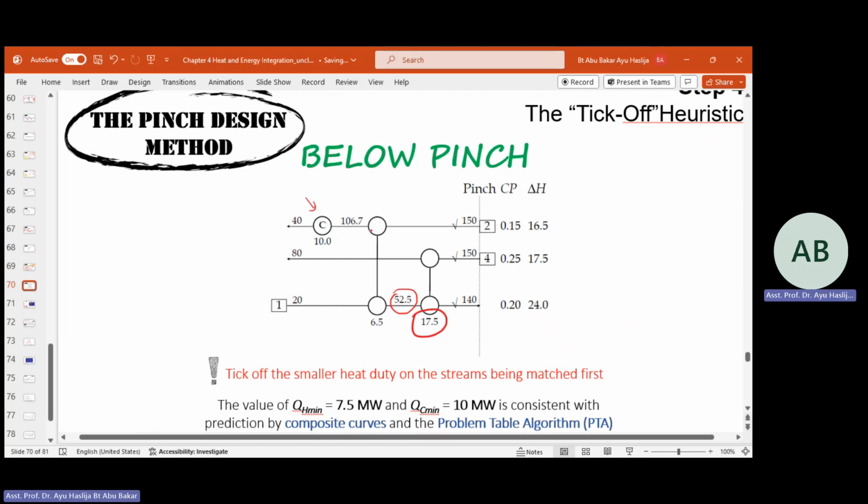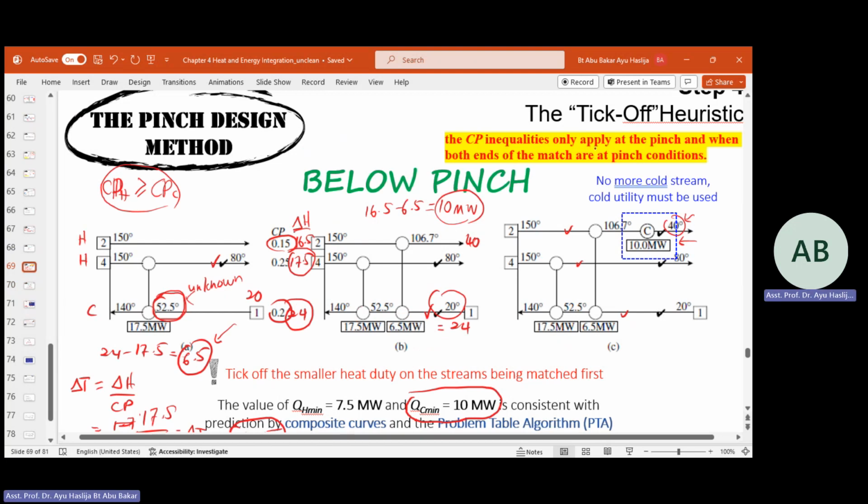That's why stream 2 can be transferred to stream 1. When stream 4 exchanged heat 17.5, the temperature on stream 1 had already changed. So that's why stream 2 can transfer to stream 1 according to the note just now. CP inequalities only apply at the pinch, and when both ends of the match are at pinch condition. That explains why at the end, stream 2 transfers to stream 1.